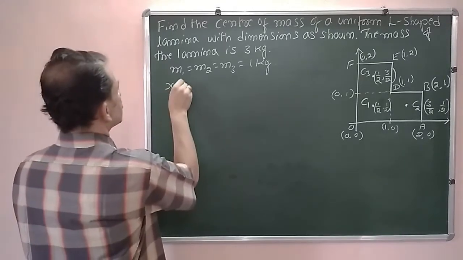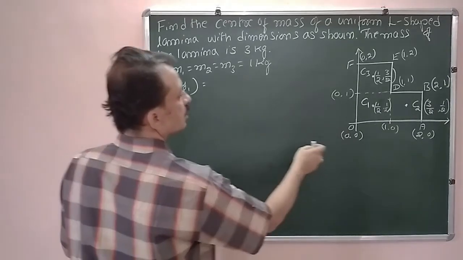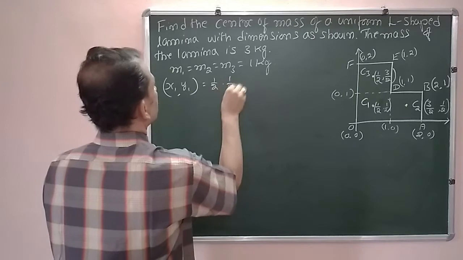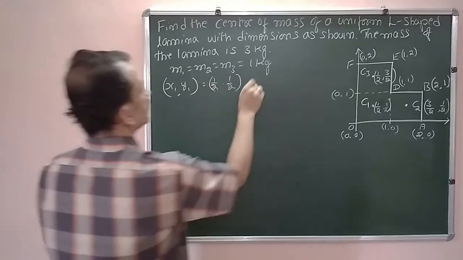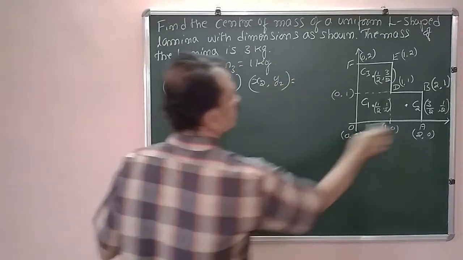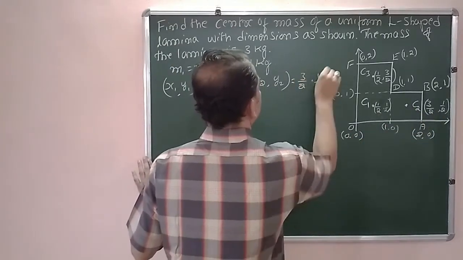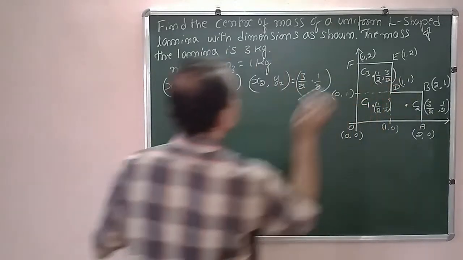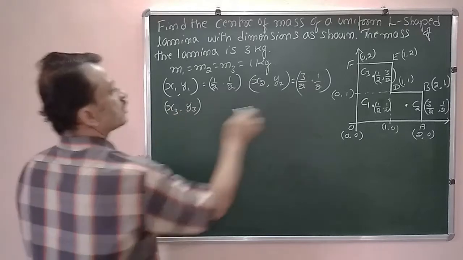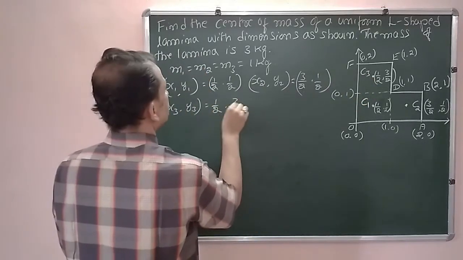Now x1, y1 is this one, half, half. Similarly, x2, y2 coordinates are 3 by 2 and half. x3, y3 coordinates are half and 3 by 2.